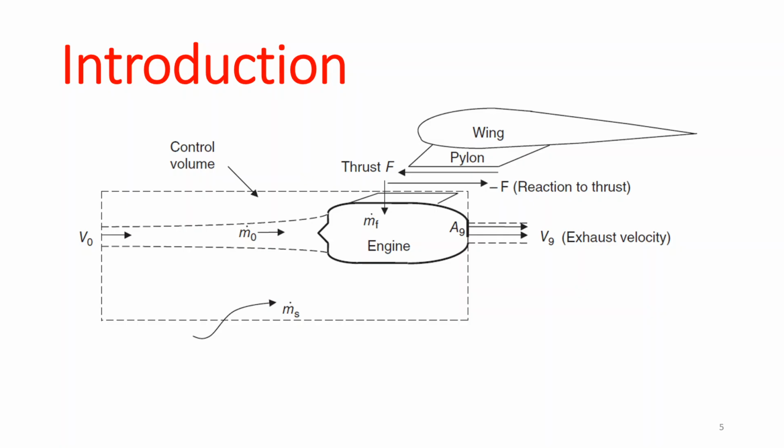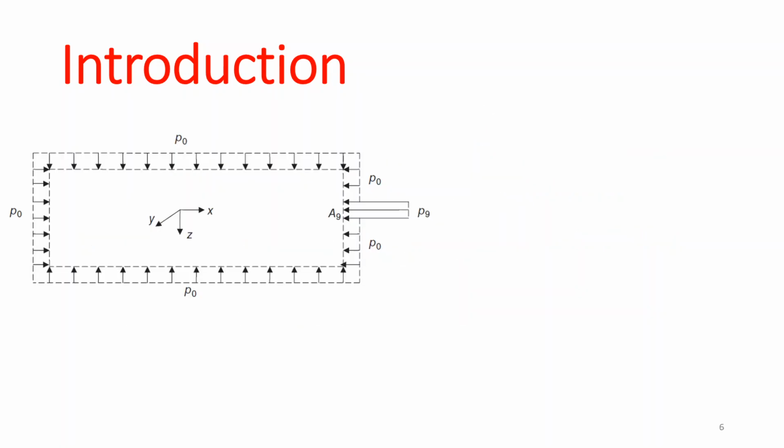So your pressure distribution will look something like this. We have P naught all over and PG at the inlet.